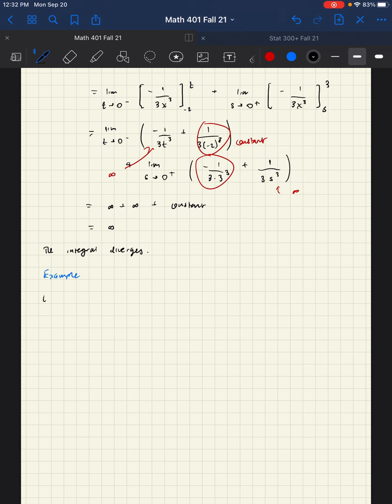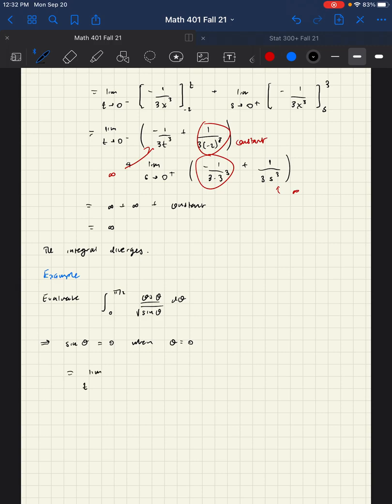Right, let's do another example. Same idea. We're going to determine whether an integral diverges. So we're going to evaluate the integral from 0 to pi over 2 of cosine theta over square root of sine theta d theta. So here, sine theta equals 0 when theta equals 0.